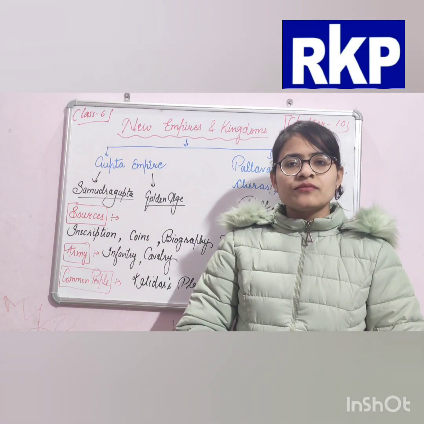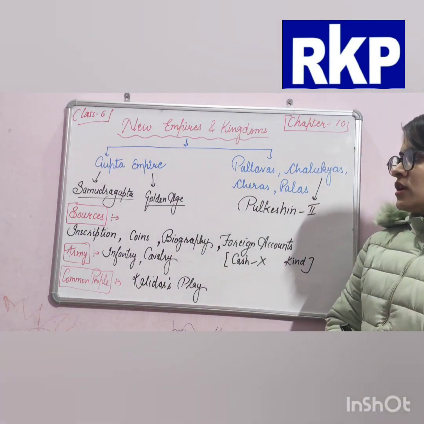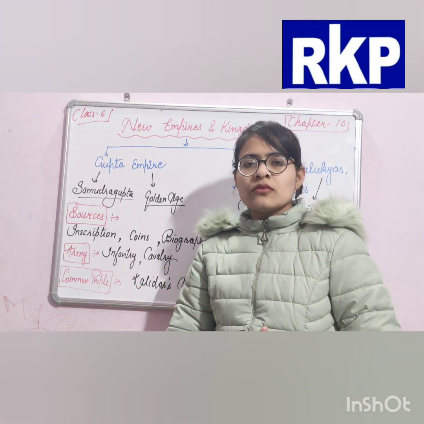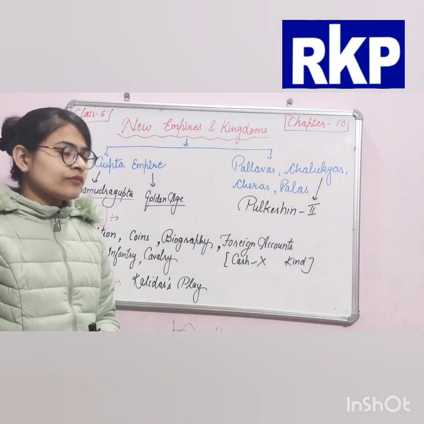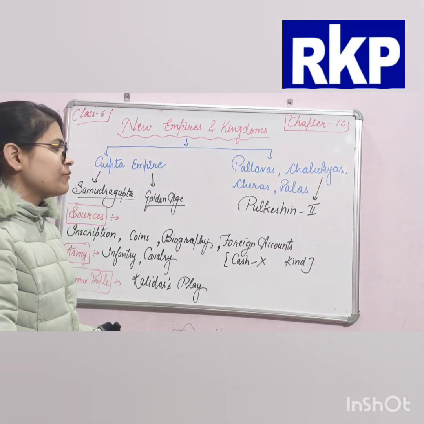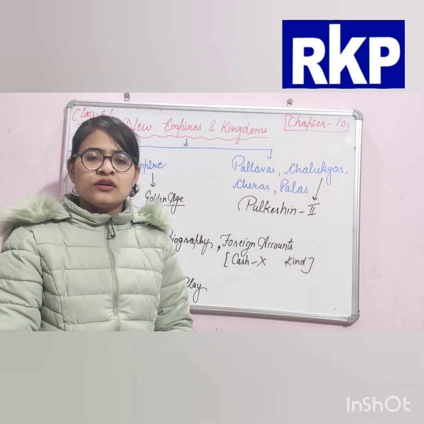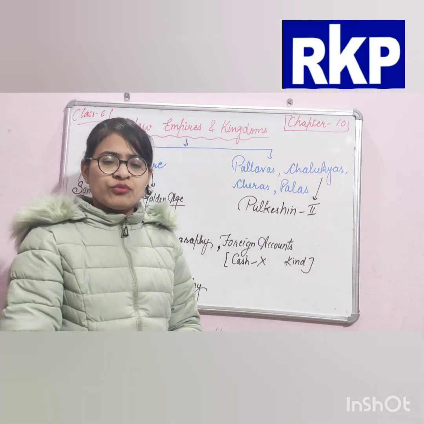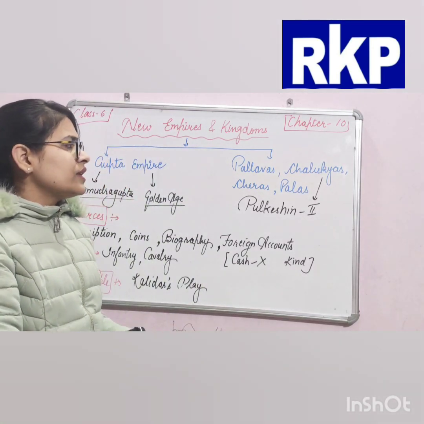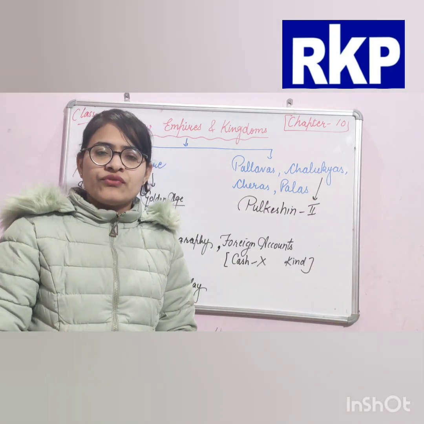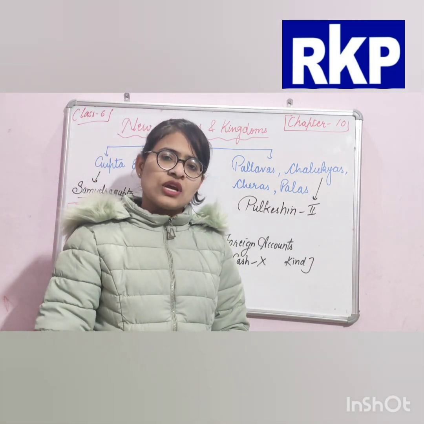Write the first question in your notebook. Name the most famous ruler of the Gupta Empire who was called India's Napoleon. The next is, who was the best or famous ruler of the Chalukyas?